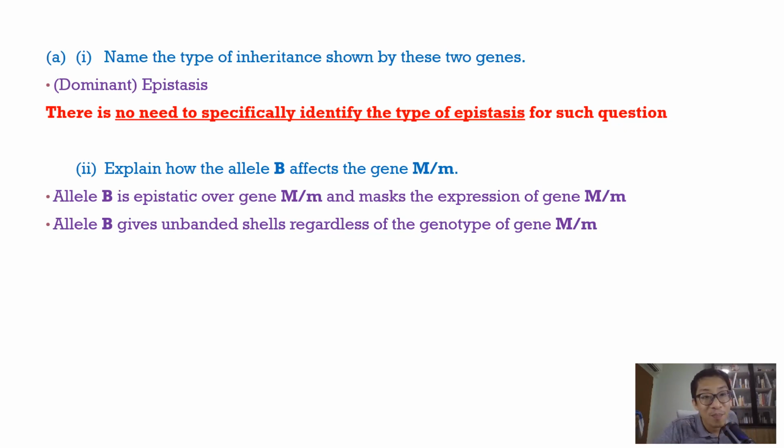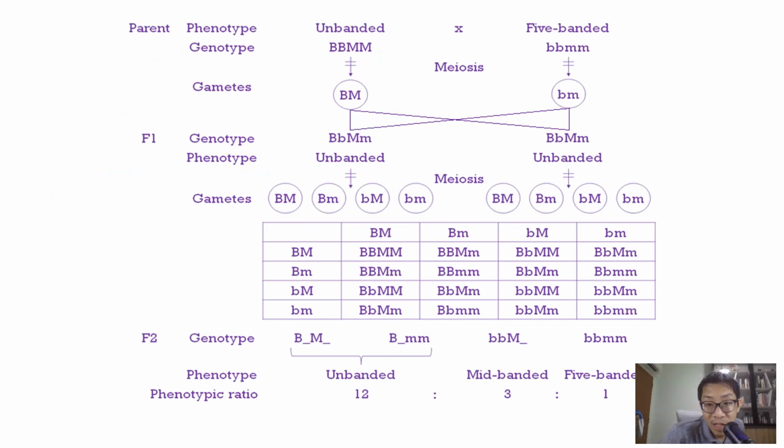Okay, so you're supposed to draw the diagram next, and this would be the diagram that you should have drawn. It's kind of like a normal dihybrid diagram. The question told you that the unbanded snail is double homozygous dominant, crossed with a snail with 5 banded shells, so the only genotype possible is double homozygous recessive.